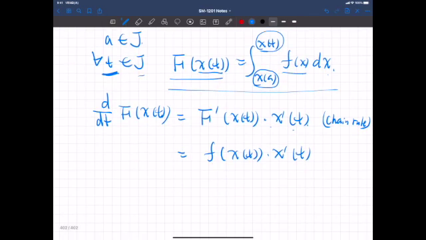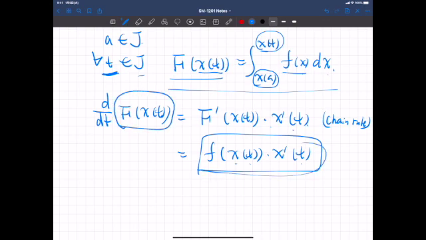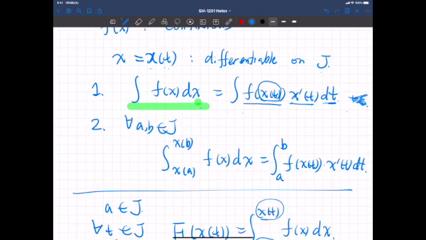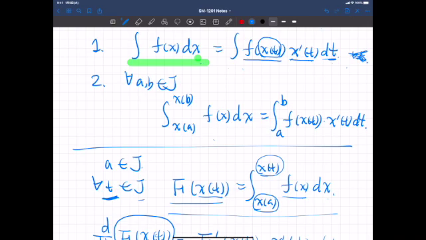So this shows that the function on the right hand side, f of x of t times x prime of t, has as its antiderivative capital F of x of t, viewed as a function of t. Okay, so this proves part 1. And part 2 follows immediately from part 1. It's just a definite integral version of part 1. So it should be easy.